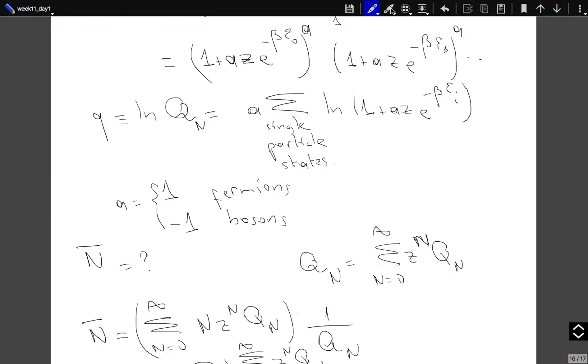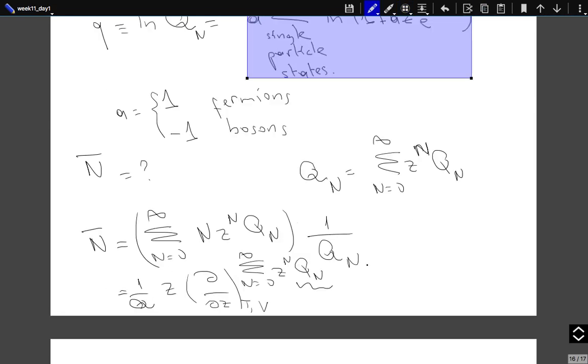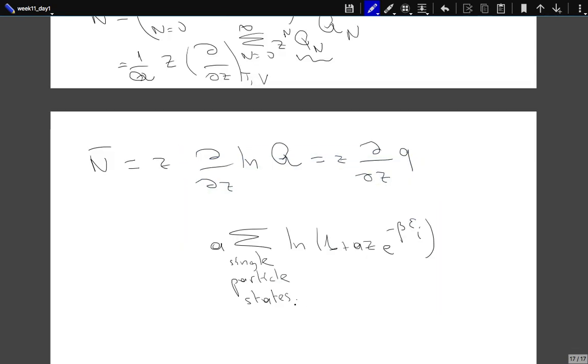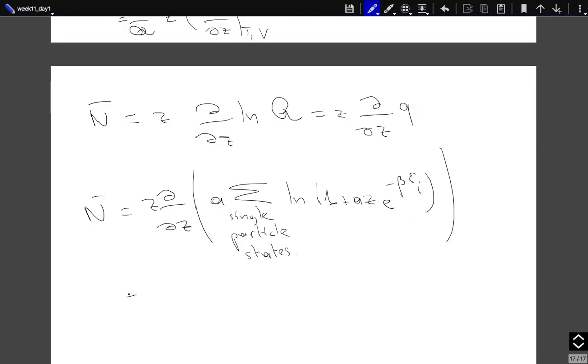Well, we already have the Q potential. The average n is z times the derivative with respect to z of this term, which is z times a times the sum over single particle states.